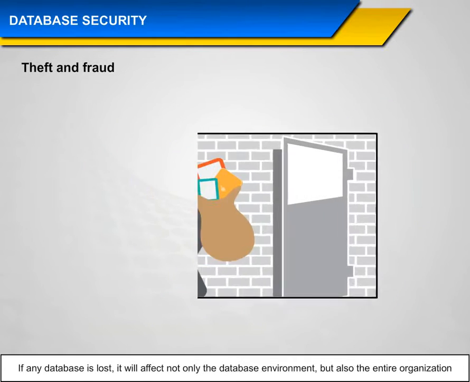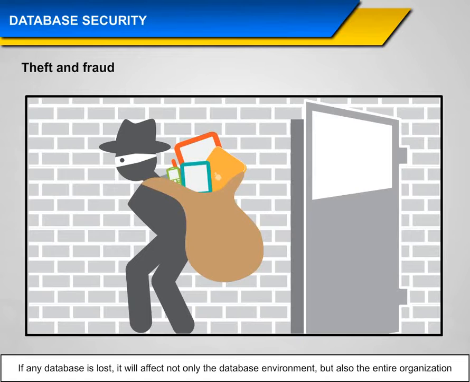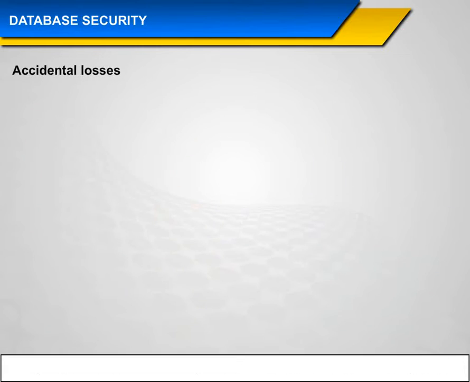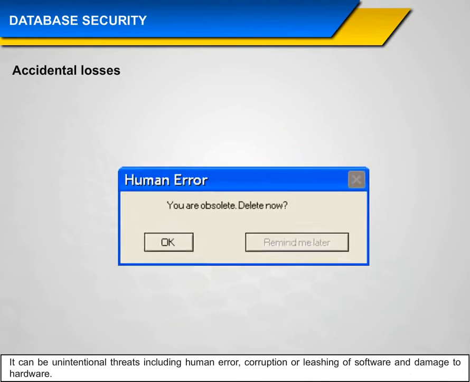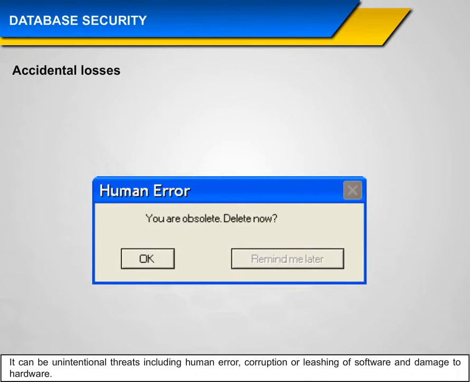Theft and fraud. If any database is lost, it will affect not only the database environment but also the entire organization. Accidental losses. It can be unintentional threats including human error, corruption of software and damage to hardware.